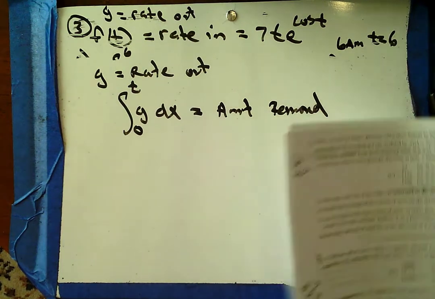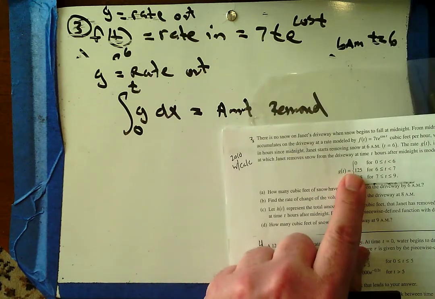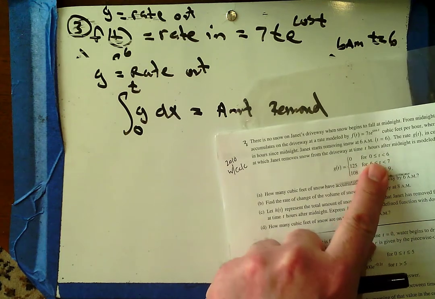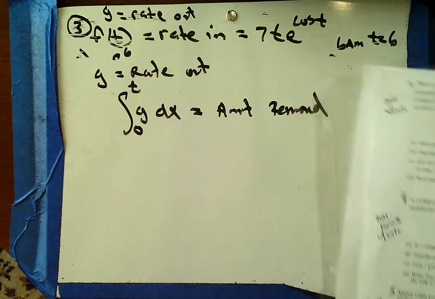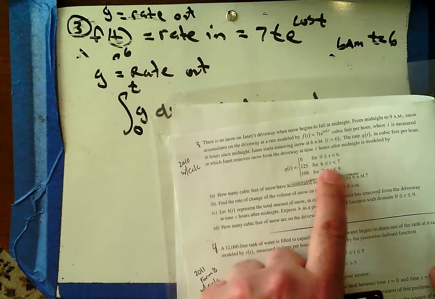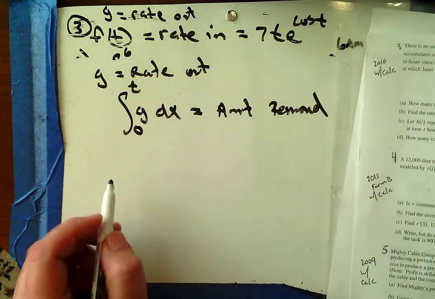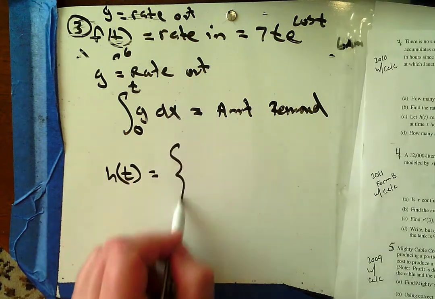And I know integrating a constant is just that constant times b minus a. However, we have a situation here where this constant only works from 6 to 7. And because of that, our h of t function has to look like this.